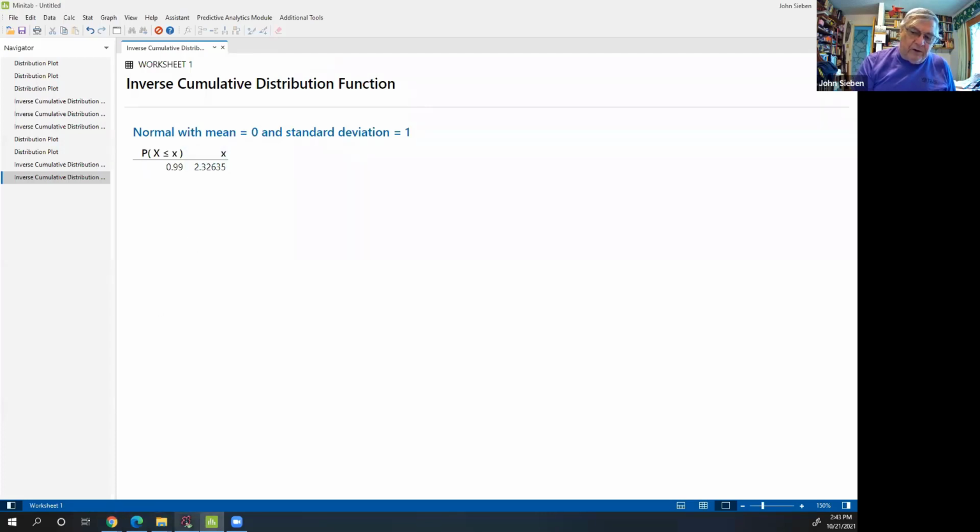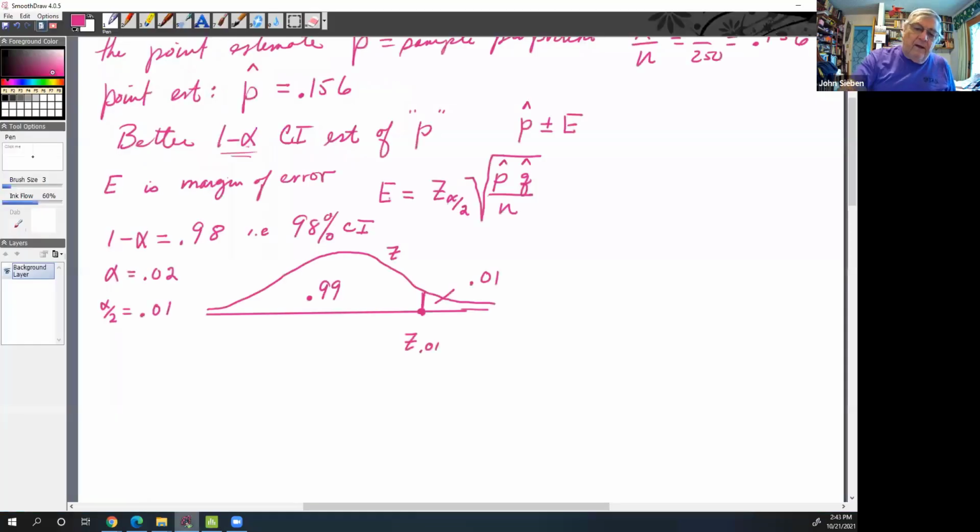Let's go back to our picture. Minitab has just told us that this point right here, which we name Z.01 because it cuts an area of 0.01 under a Z curve in the upper tail, is 2.33. So there's the Z alpha by 2.